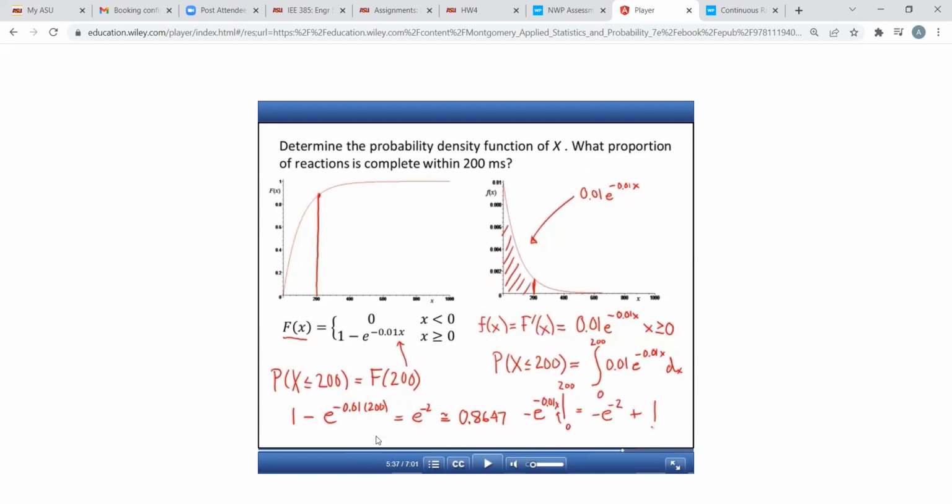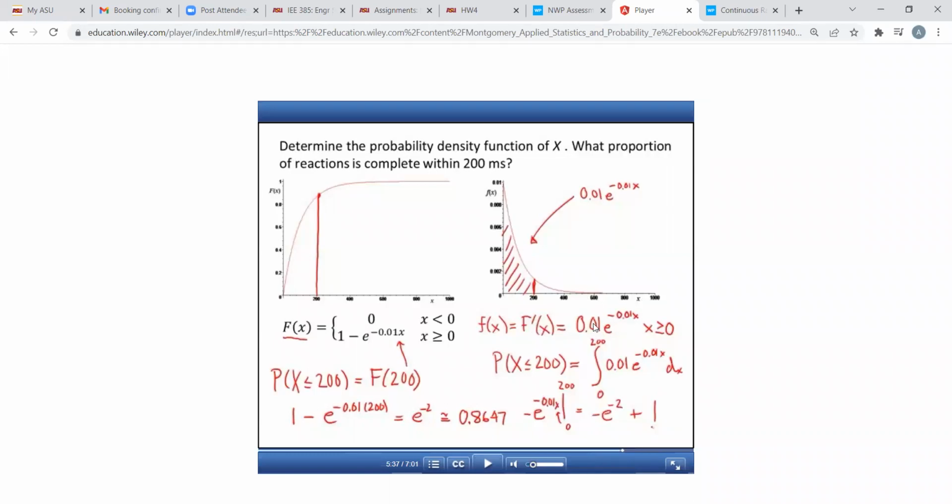So now this right here on the bottom, this is the antiderivative, right? The thing you're pointing to is the derivative of the cumulative density function. It's the derivative of that, 1 minus e to the minus 0.01x.